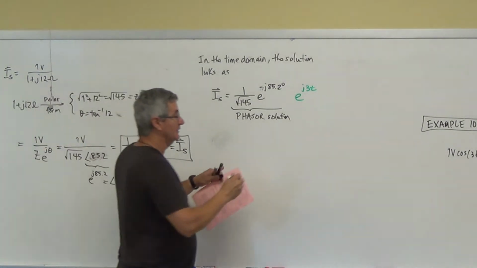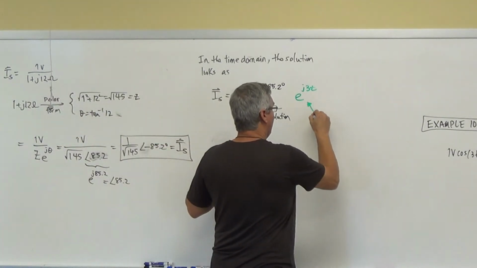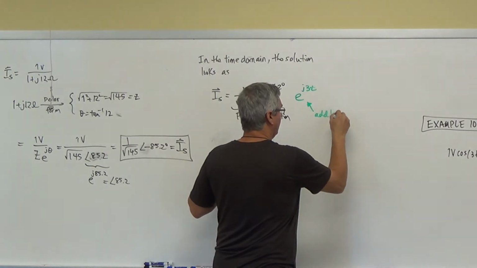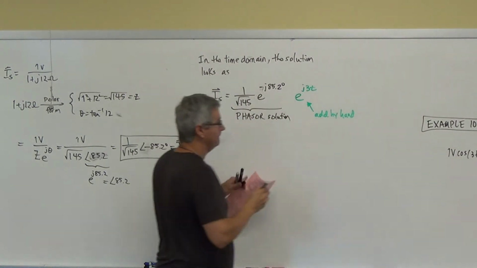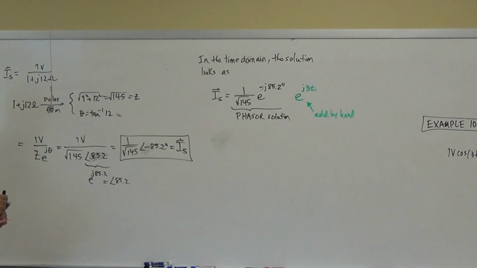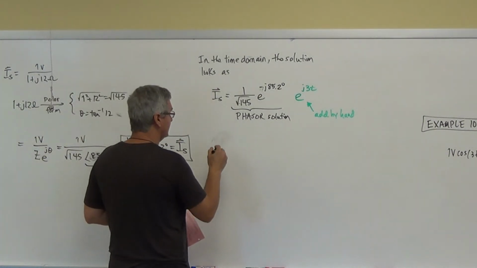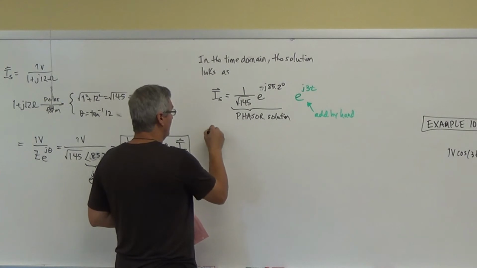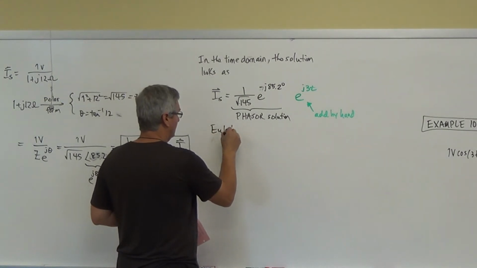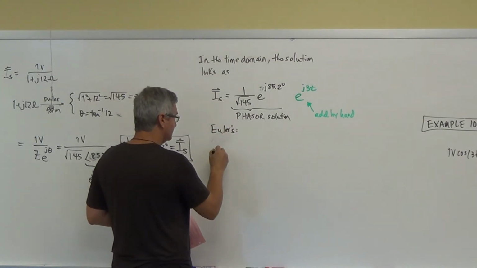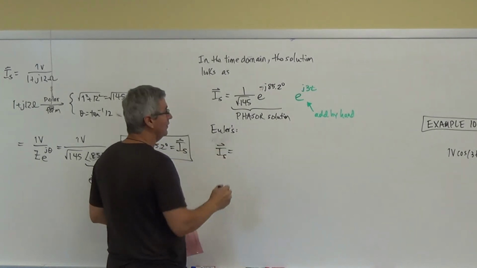Okay? So I add by hand. So now that I add this by hand, what does this mean here? What this means is that this guy now, if I now use Euler's, what I get here is that I_S is then going to be what?